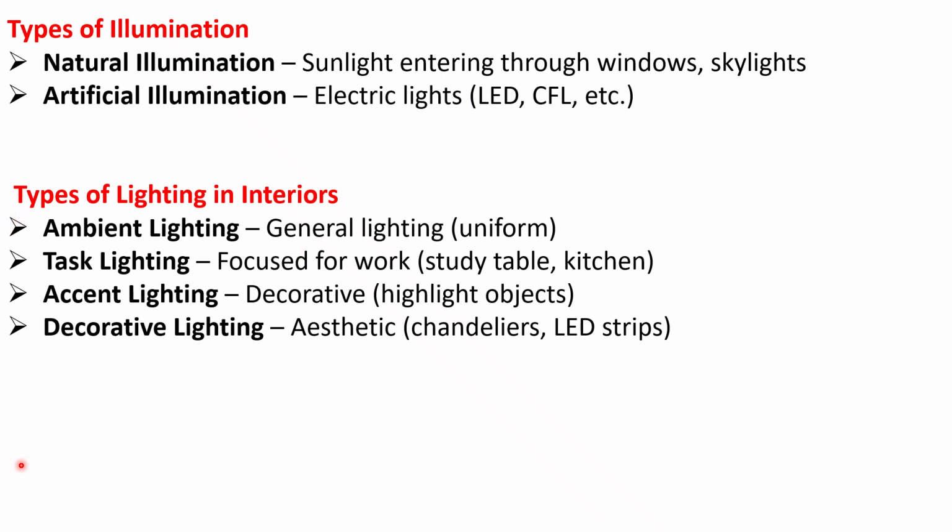Now, types of lighting in interiors. First one is general lighting, ambient lighting. Then second is task-oriented lighting, focused on work, study, table, kitchen, in factory, assembly shop and all. Accent lighting is decorative lighting, creating good atmosphere.